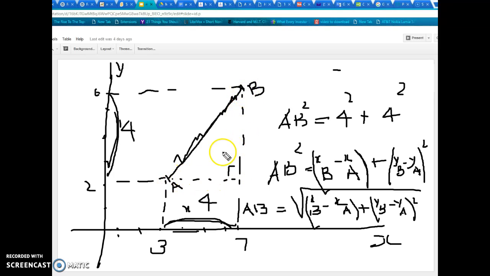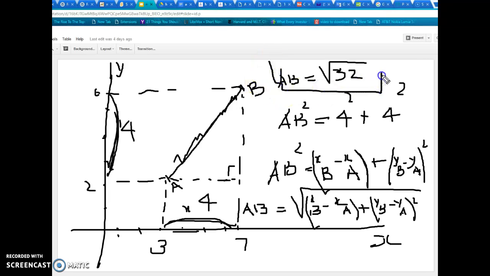I can use it because this is a projection of this one that's gonna give me 4, and I'm still gonna have this 4 here too. Okay, so the final result for this one is gonna be AB equals the square root of 16 plus 16, which gives me 32, square root of 32. That's gonna be the result.